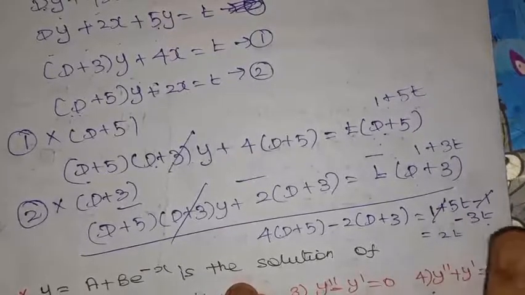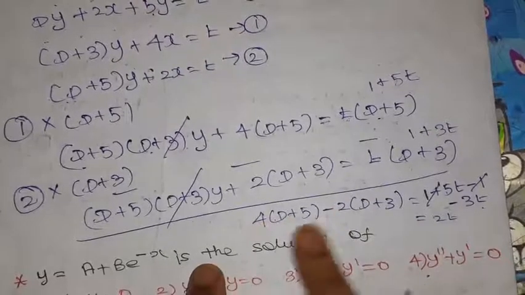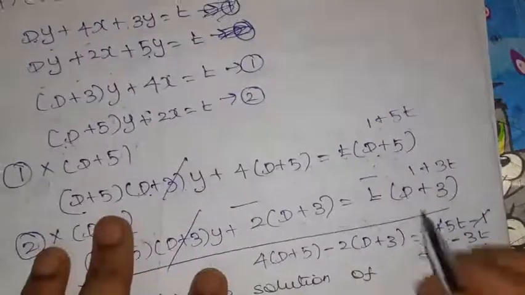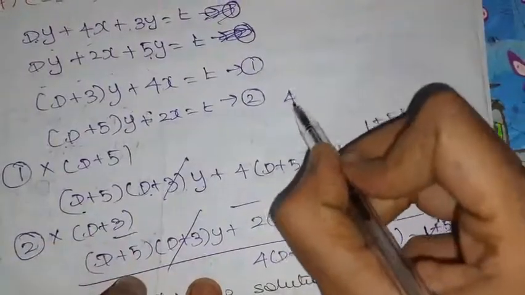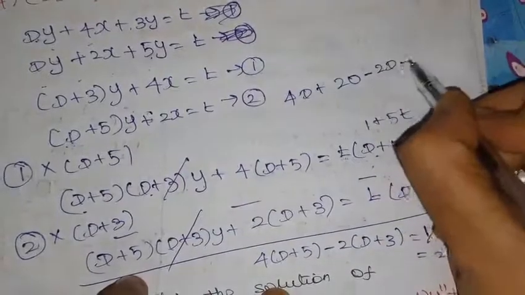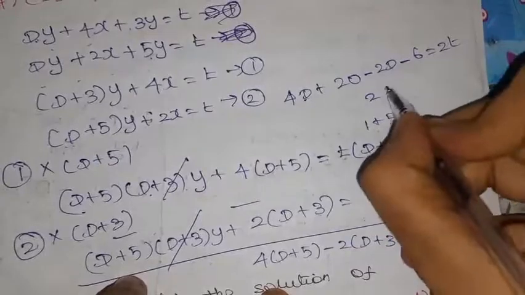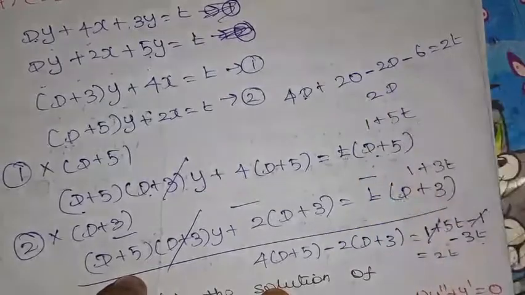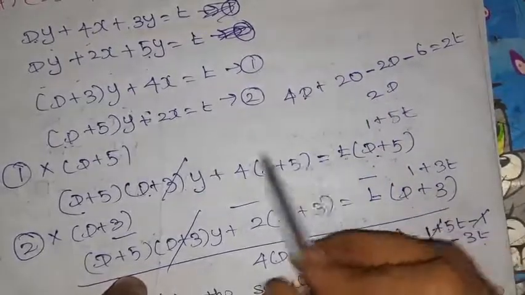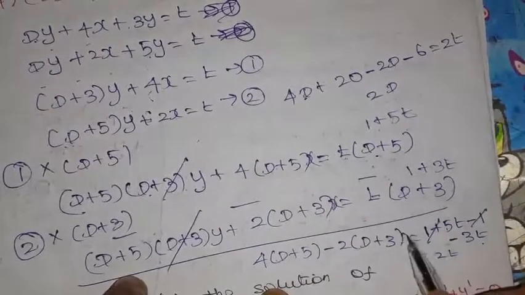2t is the final simplification. Here we need to simplify. So 4(d + 5) - 2(d + 3) = 2t, which is 4d + 20 - 2d - 6 = 2t. Here what is missing? x is missing, right?